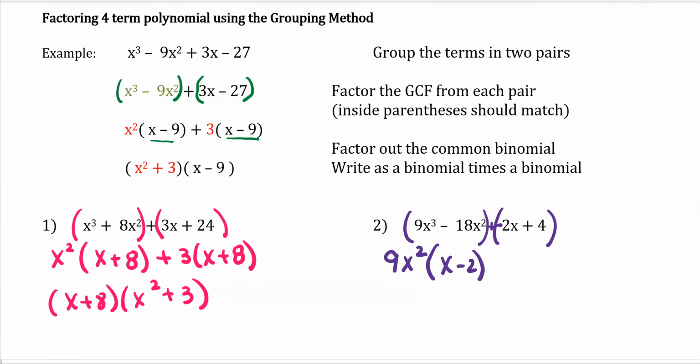When your leading coefficient is negative, in this case it's a negative 2, we will factor out a negative 2, and the other factor is x minus 2. Double check, multiply this back together. Negative 2 times x is negative 2x, and negative 2 times negative 2 is a positive 4.